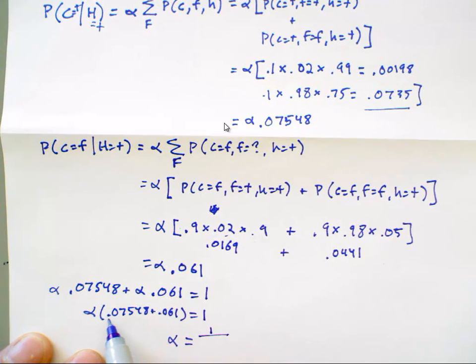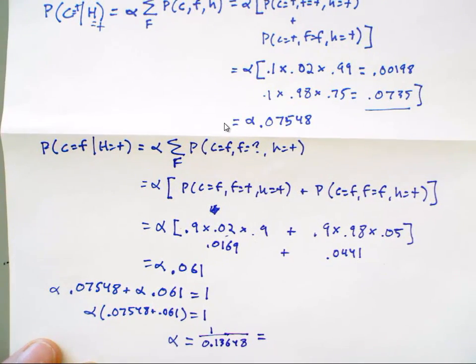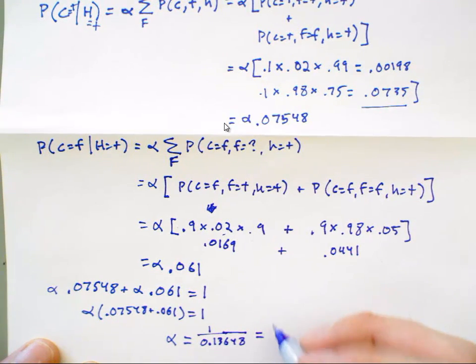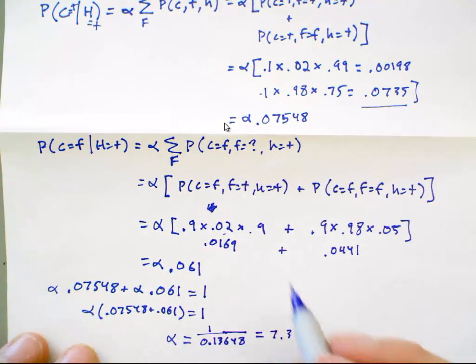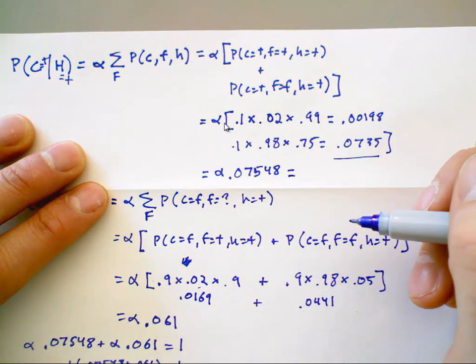They're 0.0 something, so I'm guessing about 0.139 or something. 0.13648. Okay. Could you divide 1 by that, please? 7.32. Okay. Great. So if we go up here, can you multiply this thing by 7.32?